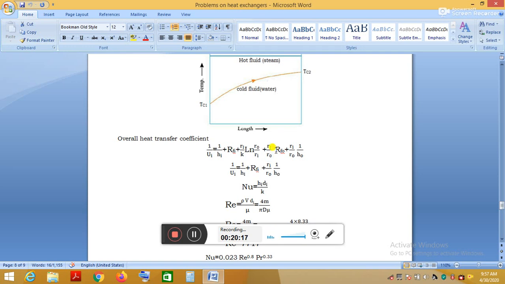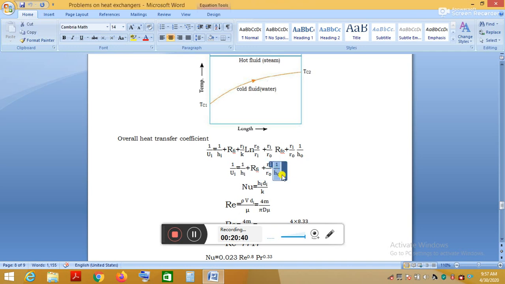Similarly, he asks us to neglect the fouling factor on the shell side, that means the outer tube. Therefore, we need to neglect these two terms, and the overall heat transfer coefficient equation becomes 1/Ui equals 1/hi plus rfi plus ri/r naught into 1/h naught.